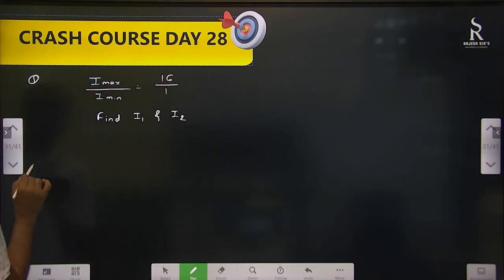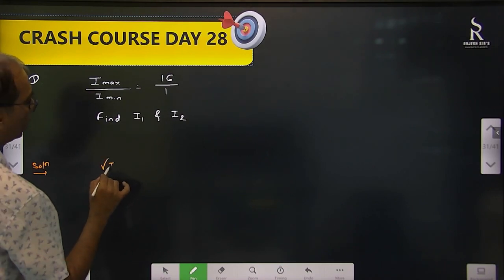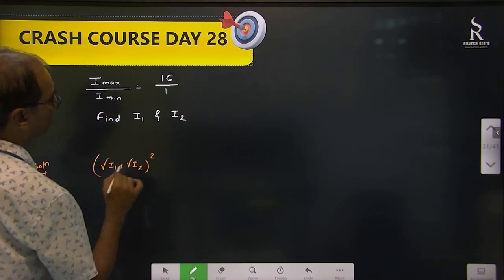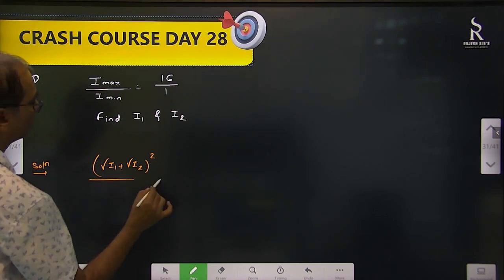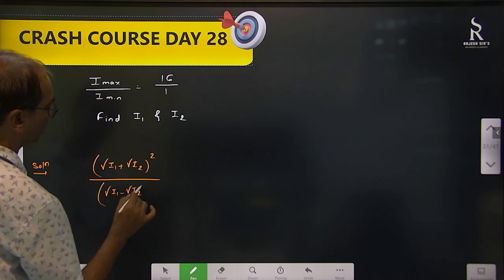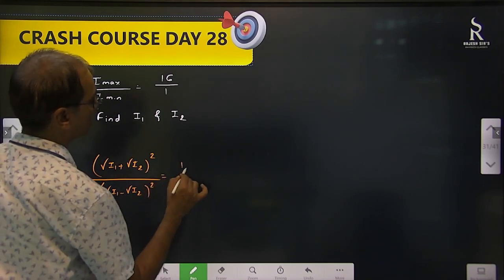Okay, so then what we will do, this is root I1 plus root I2 whole square by root I1 minus root I2 whole square equal to 16 by 1.